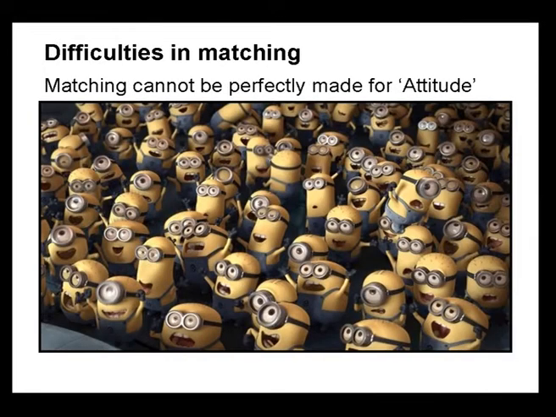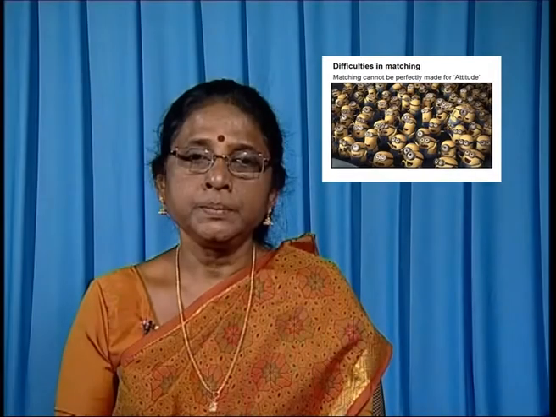And finally, there are a few factors like attitude for which no matching can be perfectly made. In the case of matching, certain background factors of the subjects with the same qualities and features are taken into account. Care is taken to match them perfectly.